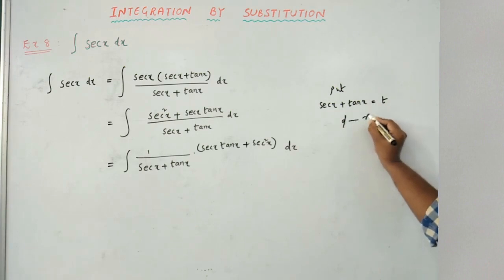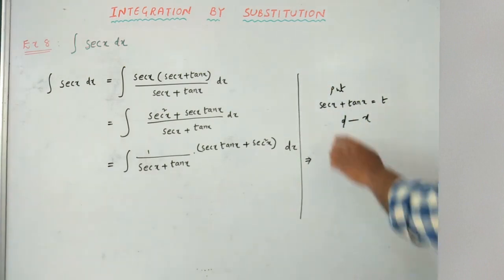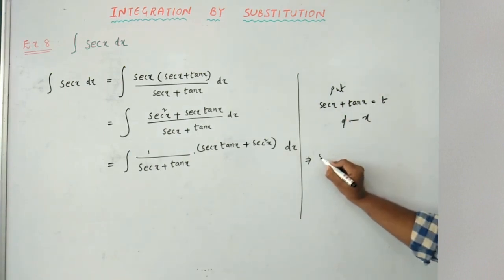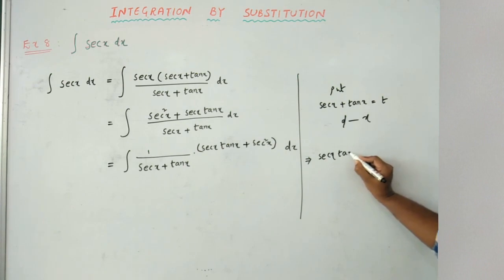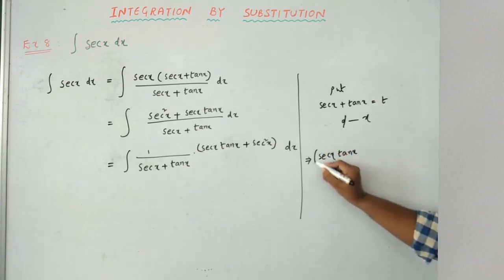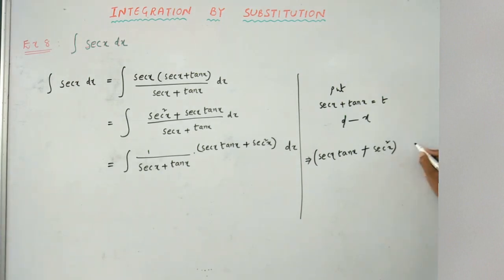Differentiate both sides with respect to x: secant x tan x plus secant square x is equal to dt by dx.